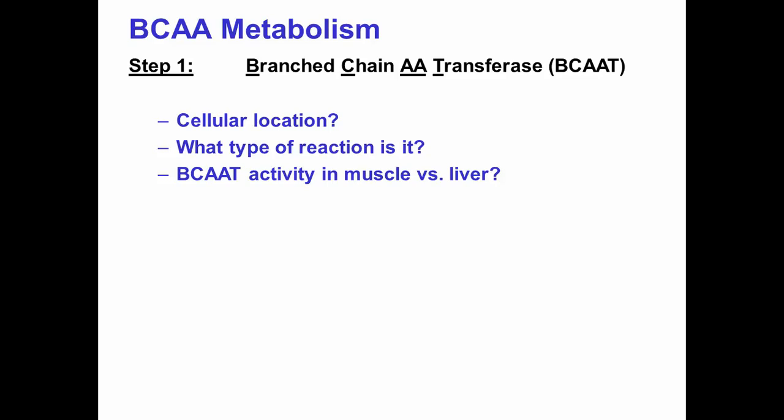And for our purposes, I want you to think of it as no activity. Of course, it has a small amount for whatever it might need to do, but mostly we can say no activity in the liver under normal conditions. And that's important because it allows for a fate other than immediate degradation of branch chain amino acids in the liver, right? It allows those to pass through to get into circulation.